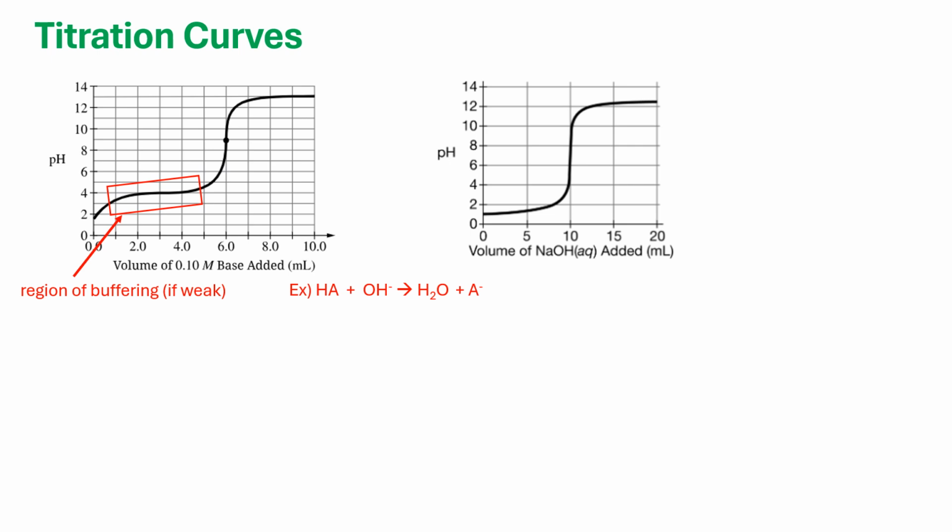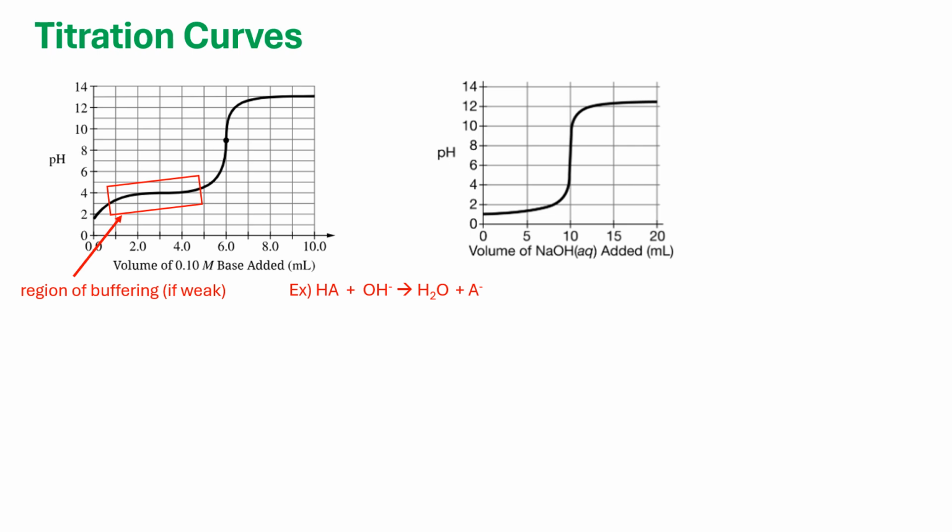The reason for that, compared to a strong acid, strong base titration, where it just kind of goes very slowly at first, is because with a strong acid, like let's say HCl, there is lots and lots of hydronium for the added hydroxide to react with. With a weak acid, like acetic acid, let's say, there's not much hydronium, and if the hydroxide wipes out a lot of that hydronium in the beginning, the pH is going to rise sharply.